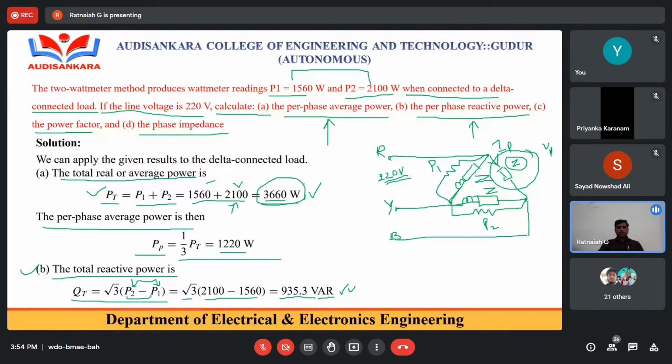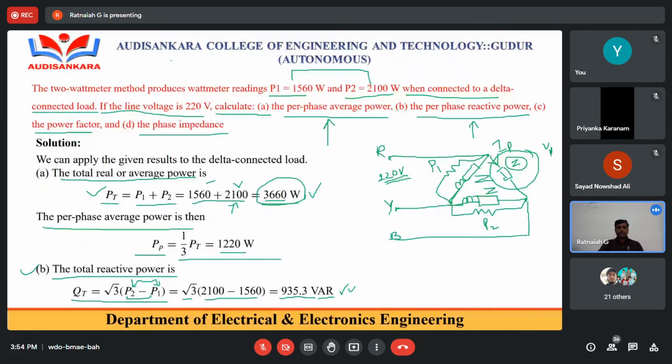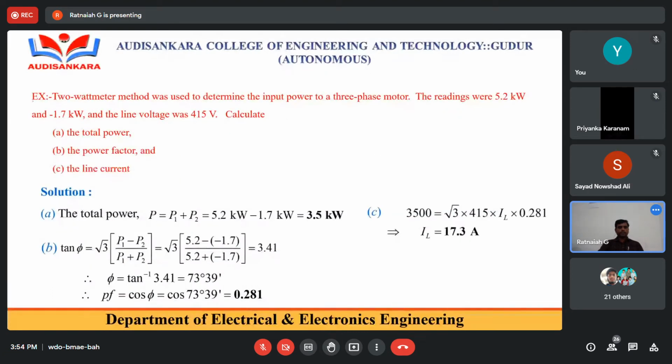So coming to the next problem, that's the first problem. Just now I explained only the second one, now I'm going to take the first one. The next problem is: the 2-wattmeter method was used to determine the input power to a three-phase motor. We don't know the motor connection or everything, but this is used to give the input power to a three-phase motor.